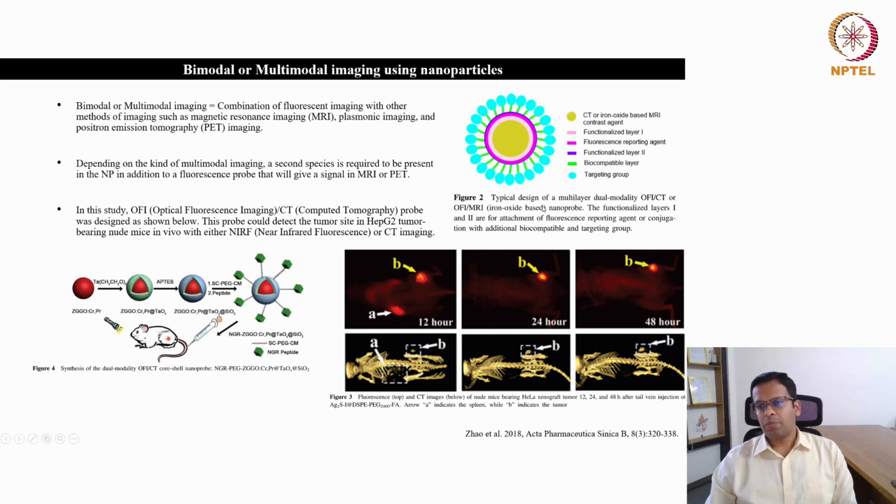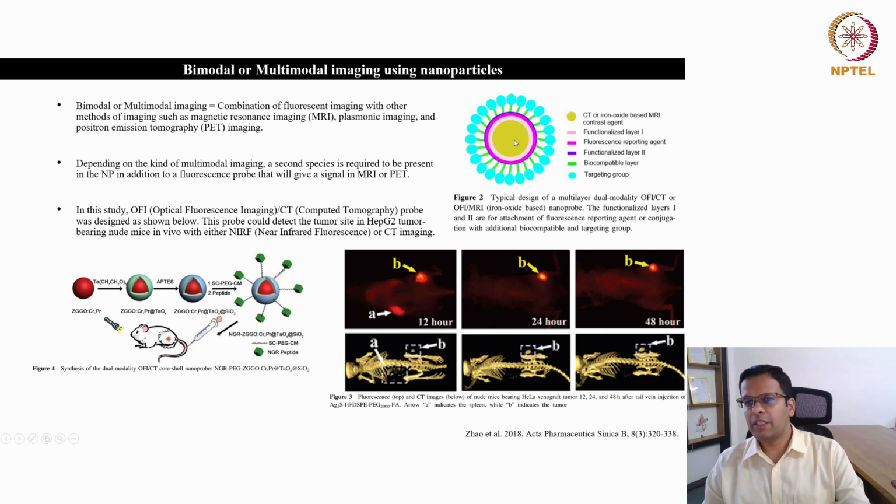So this is a typical design of a multi-layered dual modality OFI or CT, or OFI or MRI nanoprobe. The functionalized layers 1 and 2 are for attachment of fluorescence reporting agent or conjugation with additional biocompatible and targeting groups. See, this is the core of the nanoparticles, that is an iron oxide based MRI contrast agent.